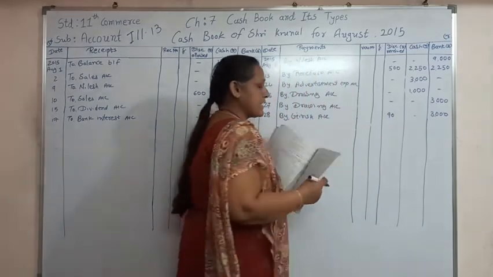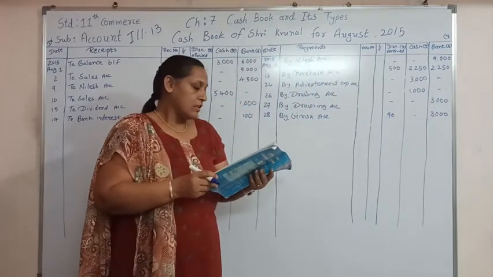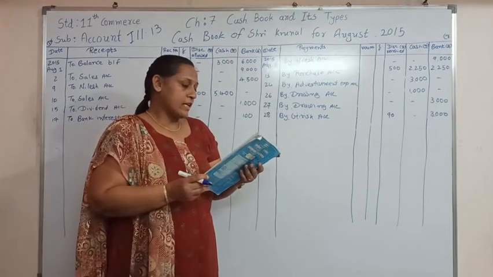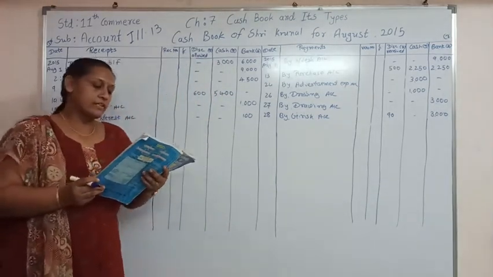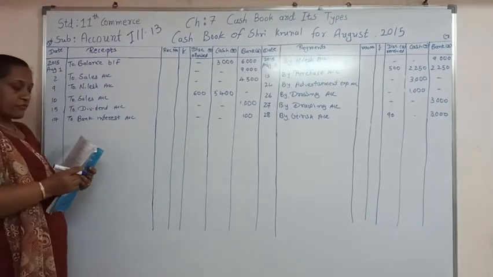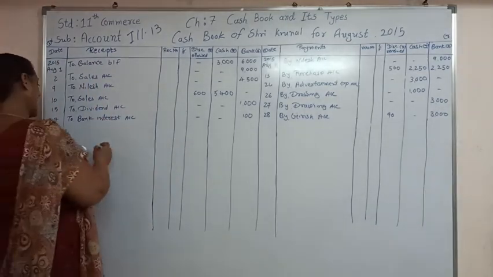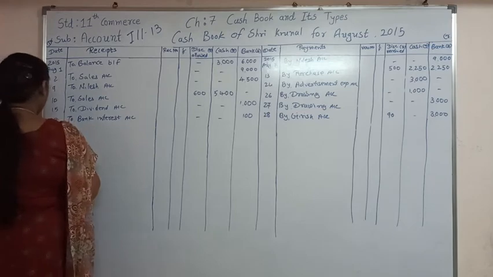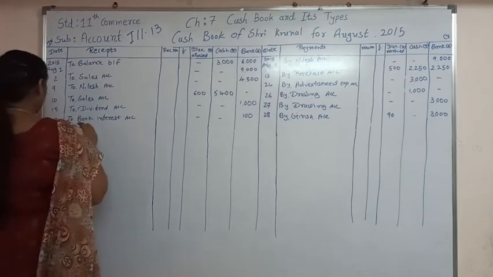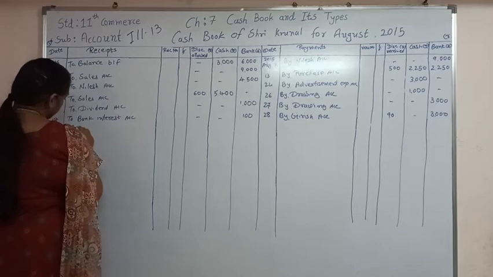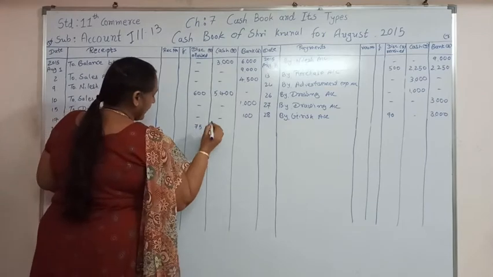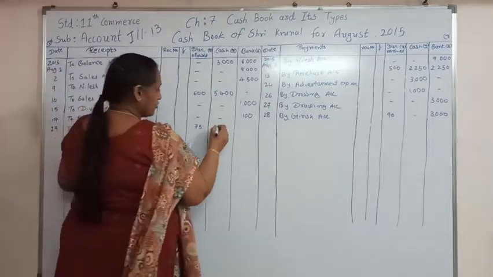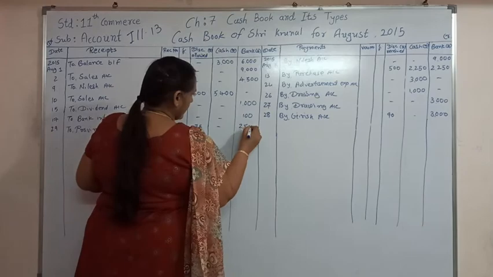So 90 rupees is our discount. On date number 29, Praveen has paid by check rupees 2,500 in full settlement of 2,575. So that is our receivable that we have received on date number 29, to Praveen account. Our discount amount is 75, and the amount that we have received through check will be 2,500.